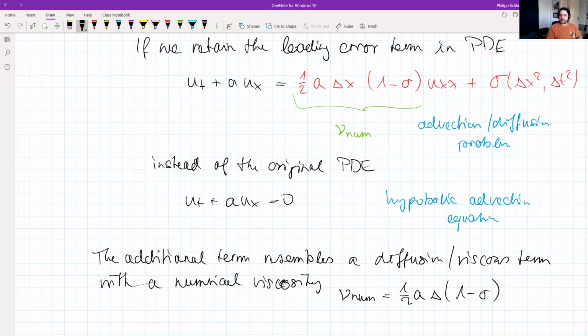So it's important to understand that the discretization leads to a leading error term that resembles this viscosity. So that means that instead of actually solving the advection equation, we get a solution that is a solution to an advection diffusion problem instead, with this particular value of a numerical diffusion.